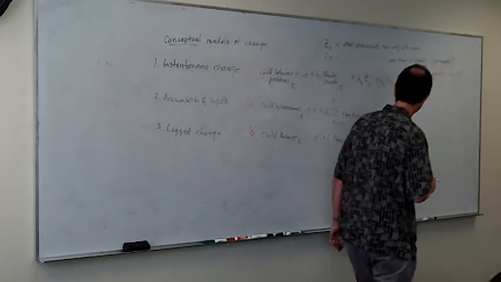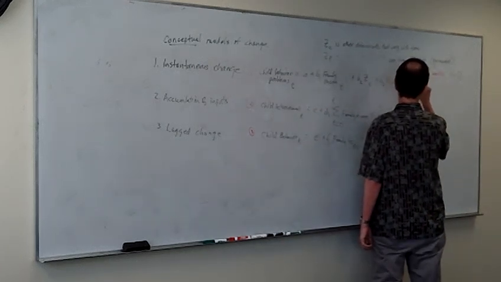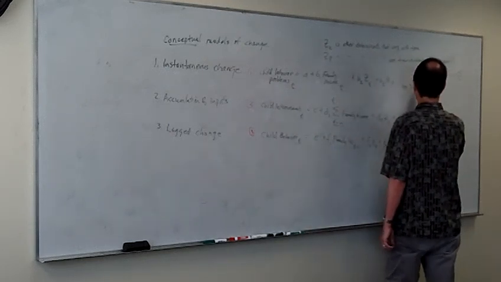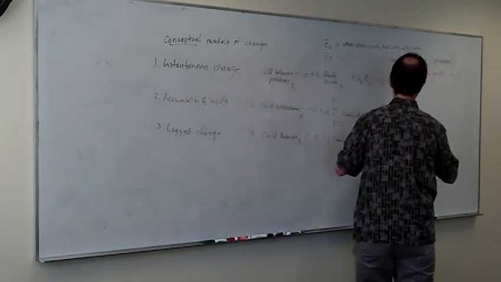Well, suppose we've got change models for accumulation of inputs. Age 5, there's a version of this. Let's do it this way.